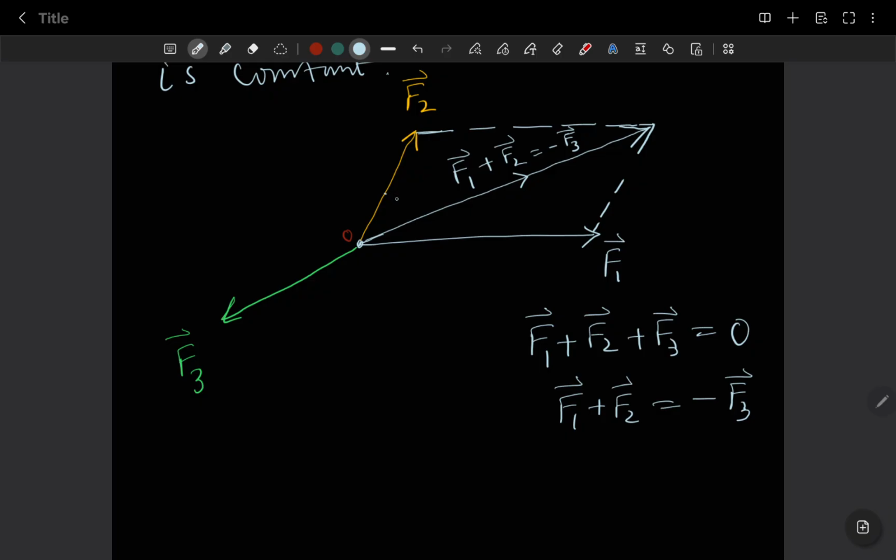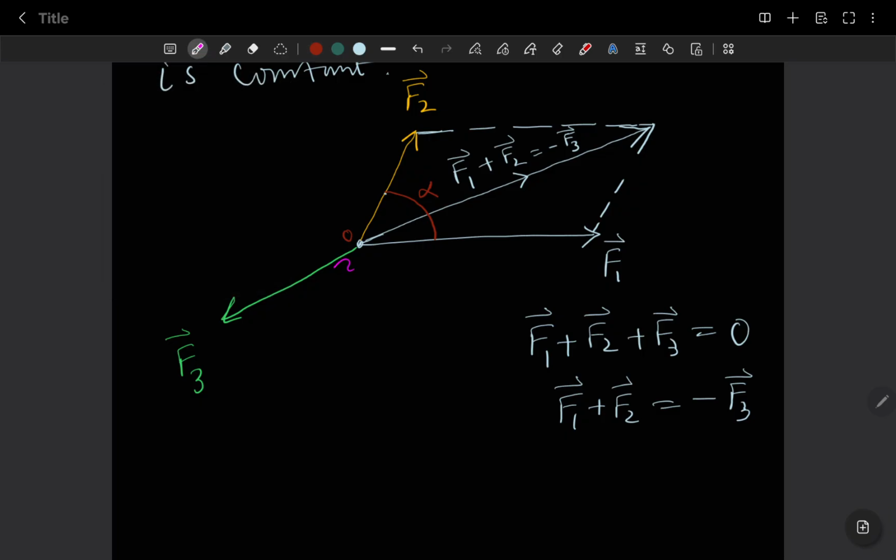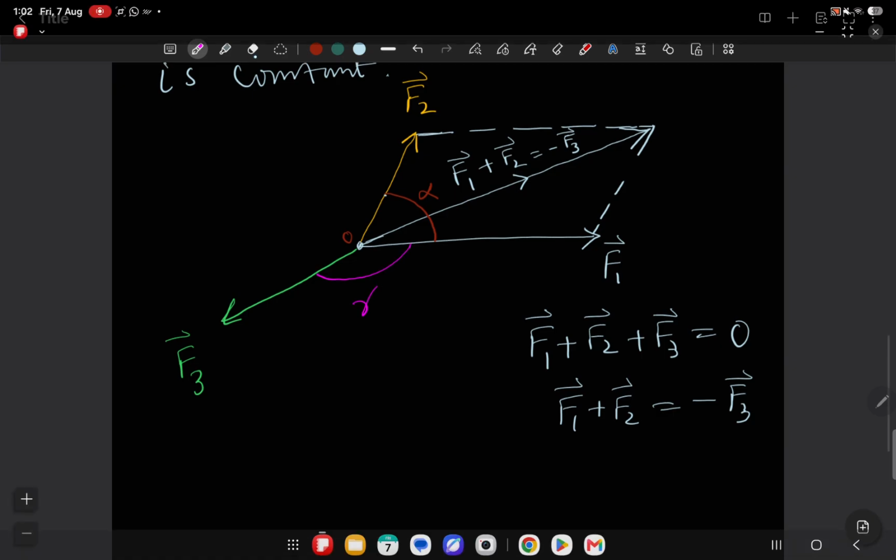Now let us discuss the angles. Let the angle between F1 and F2 be alpha. The angle between F1 and F3 we call gamma, and between F2 and F3 is beta.